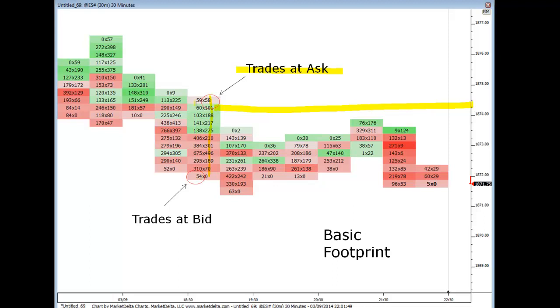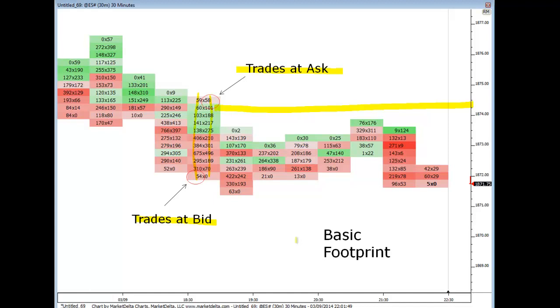Similarly, all of the trades on the left-hand side of the footprint are the trades that were traded at the bid. Now, there is a general assumption that is often made that trades made at the ask are made by buyers, and that trades made at the bid are done by a seller. In many instances, that is really a false assumption.